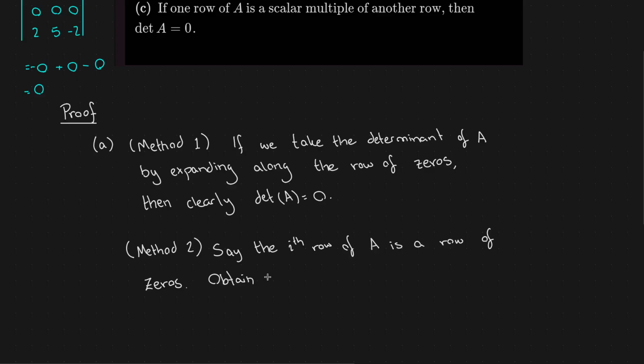Obtain a new matrix B by multiplying row i by 2. So to get from A to B, I take the ith row, the row of zeros, and I multiply it by 2, and that's my new row i. That's an elementary row operation. Okay?